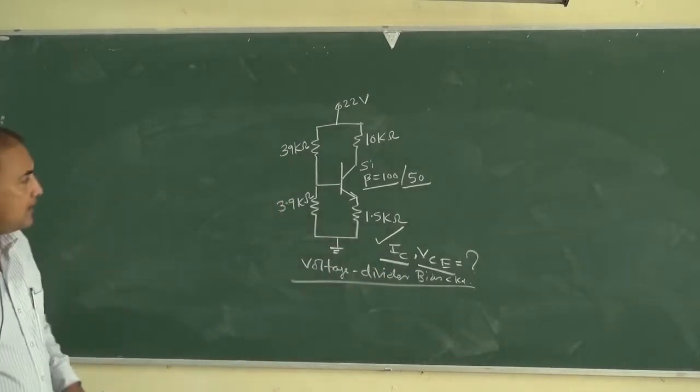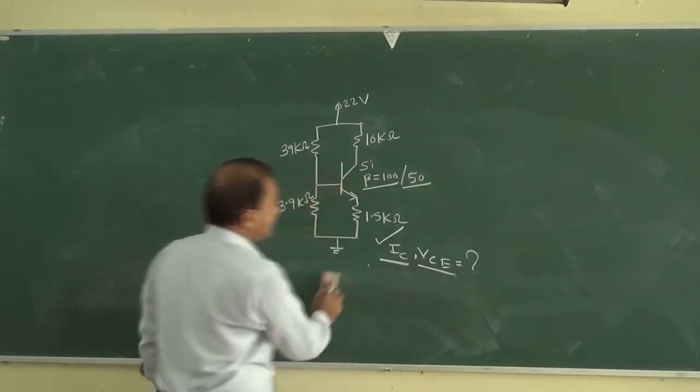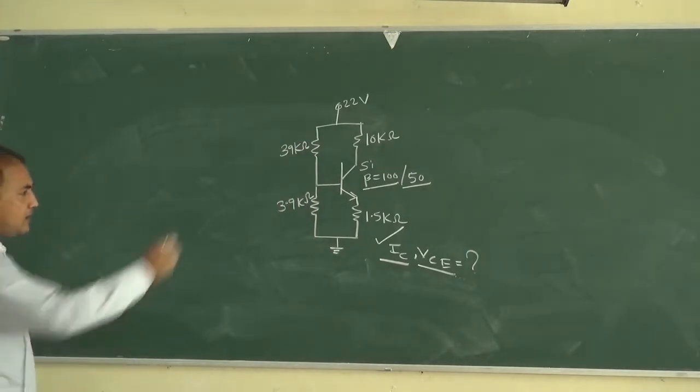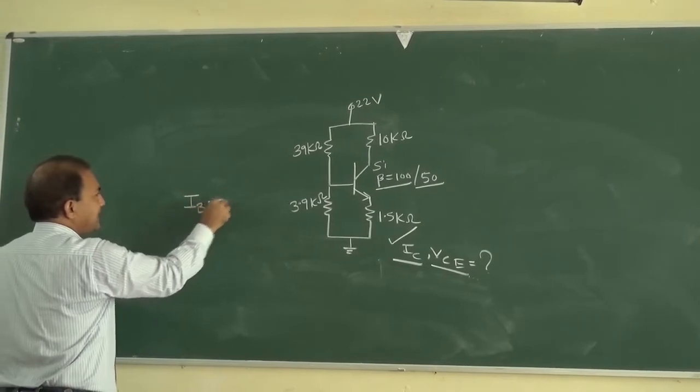Okay. Now we have to determine IC and VCE. So how can we determine it? In order to determine IC, first of all we have to determine IB.